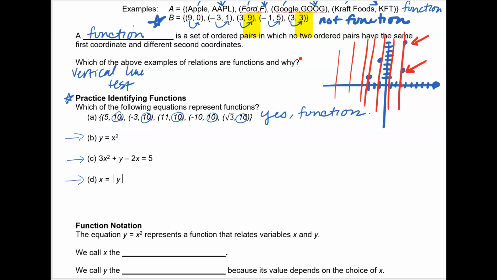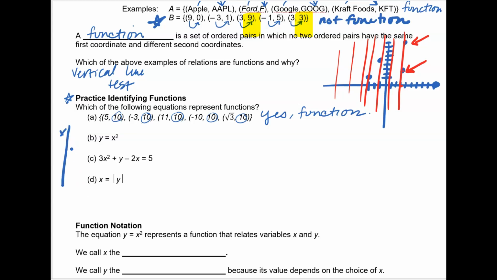Let's look at example B, y equals x squared. If we think about what this equation does, if I take a number and plug it in for x and square that number, am I ever going to get two different answers when I square something? I could even do a quick table of values on the left-hand side for this one.